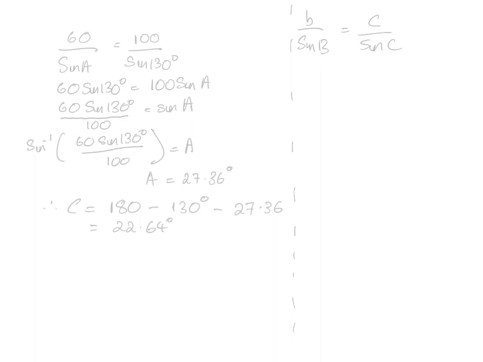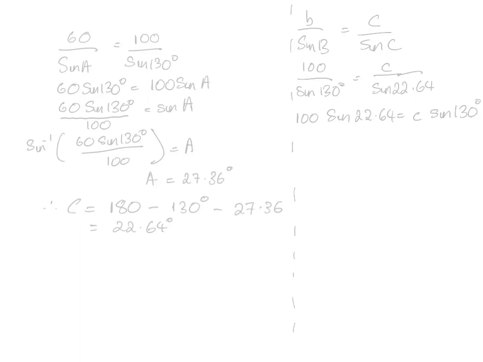So let's put that in, and I get 100 over sine of 130 degrees, which is equal to C over sine of 22.64. All right, and I want to find C, so I'm going to cross multiply again. So 100 times sine of 22.64 is equal to C times sine of 130 degrees.